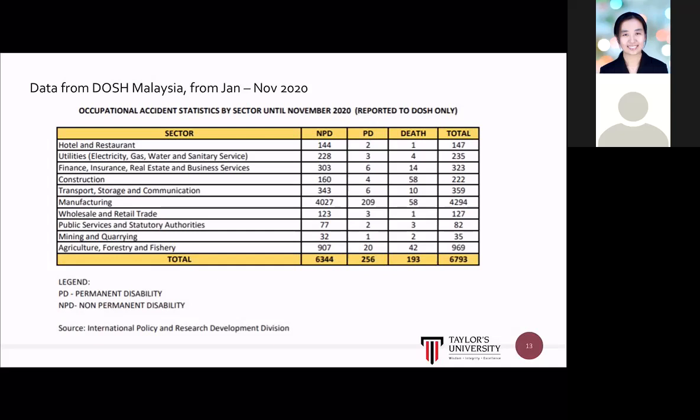And you can see hotel and restaurants. The NPD stands for non-permanent disability, which means the injuries can be recovered, like a broken arm, where the arm will recover. Permanent disability means they lost part of their body, which is considered permanent.